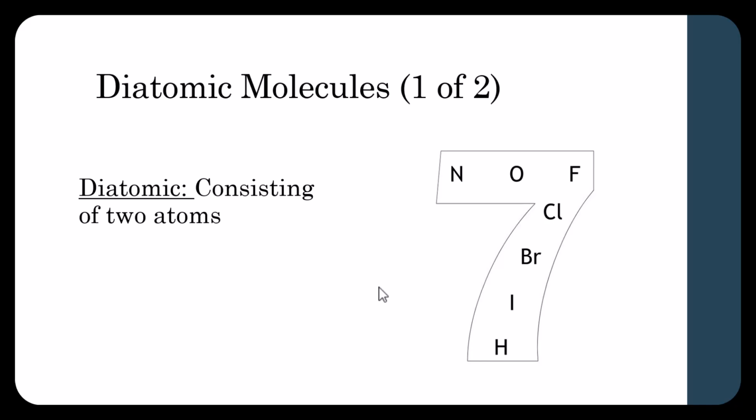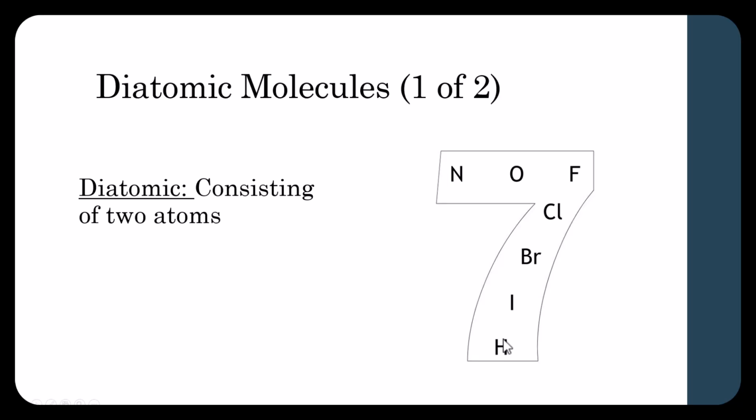In the silly way that I had to remember them, there's 7 diatomics. The diatomics start on the 7th element, which is nitrogen. Awesome. That's great. 7, 7. And then they create a 7 on the periodic table. So we go nitrogen, oxygen, fluorine, and then we go down the halogens: chlorine, bromine, iodine.